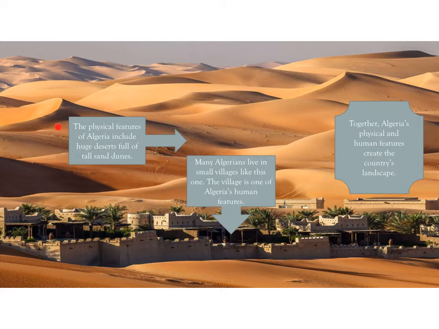If we look at this photo, we're going to notice that the people of Algeria live in small villages in these huge deserts that are full of tall sandy dunes. Together, this physical feature, which is the huge desert, and how people are living, create the country's landscape.